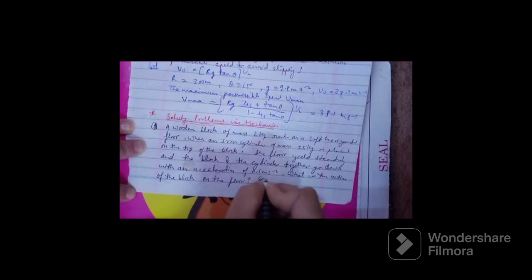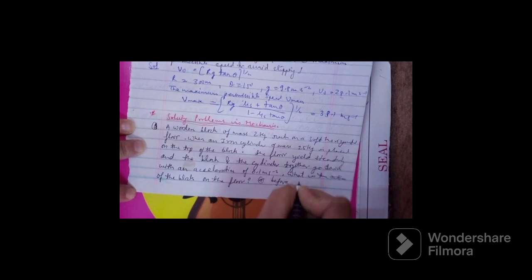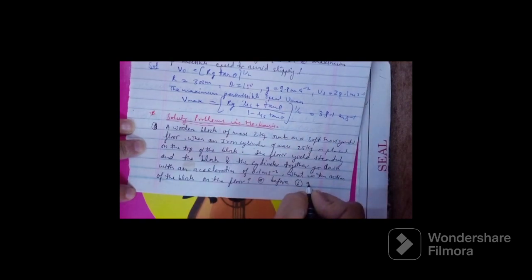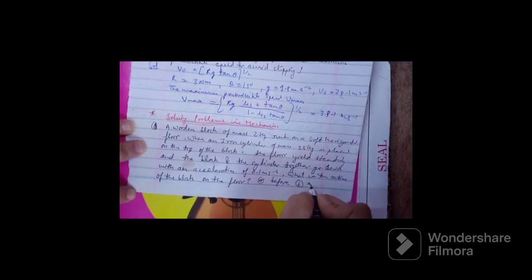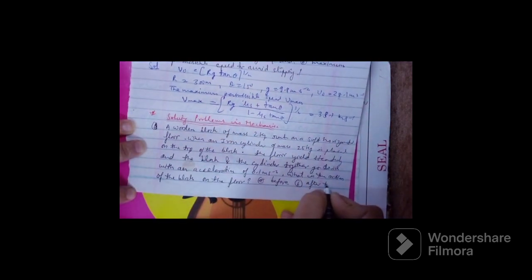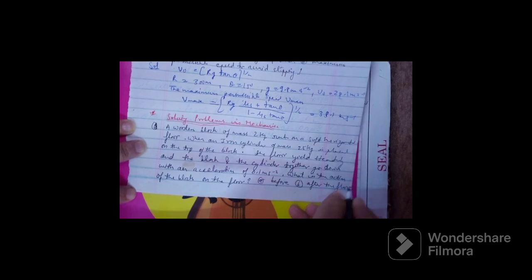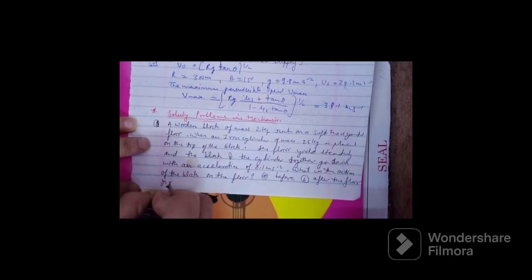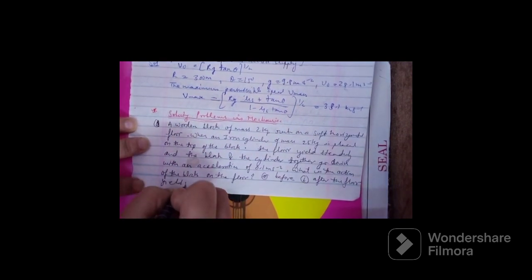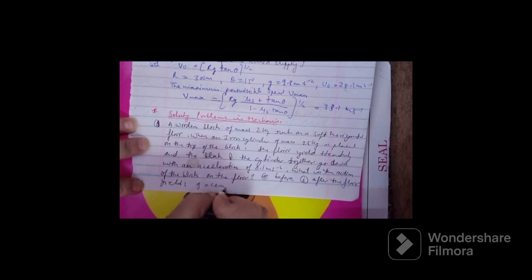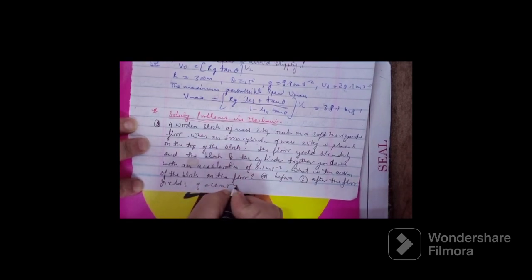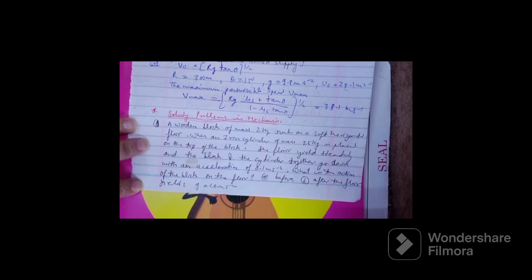The first is before, the second is after the floor yields. g equals 10 meter per second squared. Identify the action-reaction pairs in the problem.